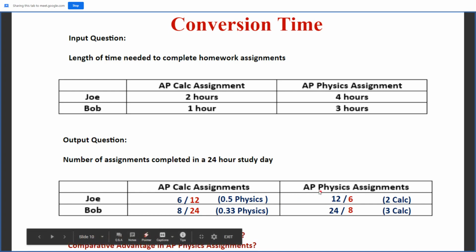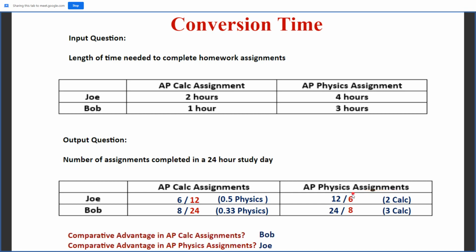And on the flip side, who has the comparative advantage in physics assignments? We're going with Joe on this one, because every time he completes one physics assignment, he gives up the ability to complete 2 calc assignments, whereas Bob gives up 3. So comparative advantage here is going to go to Joe. And I'll give you guys a second if you want to copy that down.